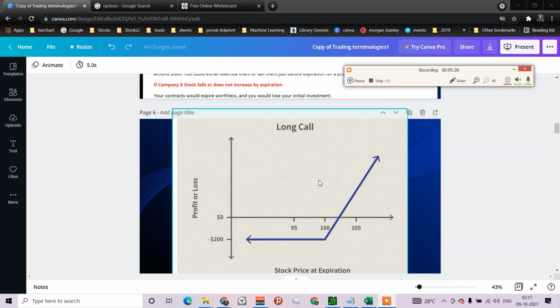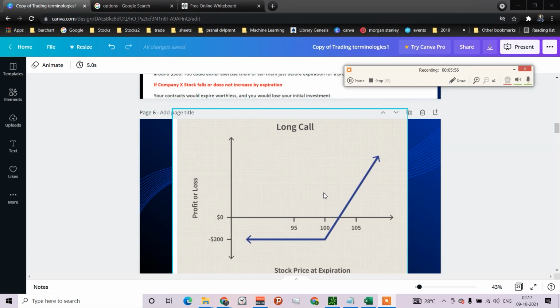The same goes here: if it's at around 101, then it needs to move to 103. We have not done the calculations for this, but roughly it needs to move by the cost of the call option you bought in order to reach break-even. Otherwise, you will meet a loss because of the initial investment.